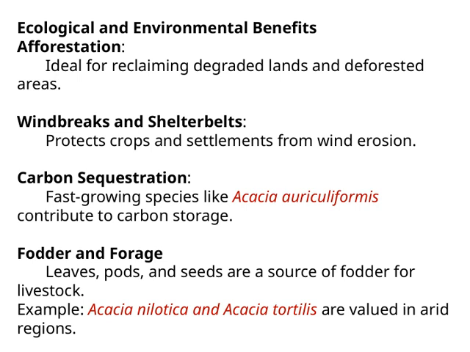For example, Acacia nilotica and Acacia tortilis are highly valued in such areas for their fodder qualities. All these benefits connect directly to our overall theme of sustainable land management and environmental conservation, highlighting how strategic planting can support both ecological health and human needs.